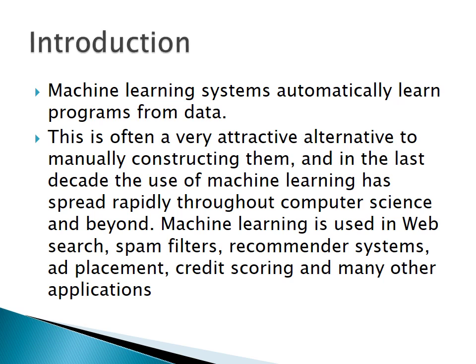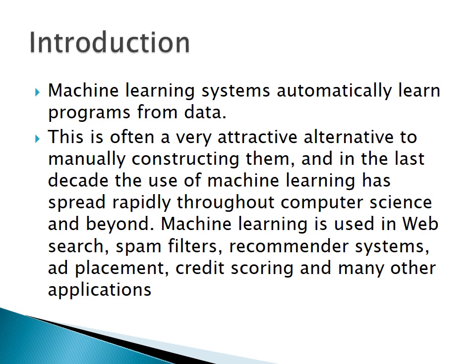What is machine learning? Machine learning systems automatically learn programs from data. It is a programmed one. This is often a very attractive alternative to manually constructing them, and in the last decade the use of machine learning has spread rapidly throughout computer science and beyond.